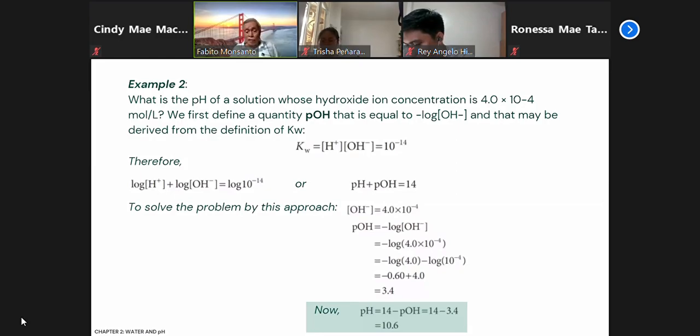Because you will really need this when you go into your clinical, especially when your patient is acidotic or alkalotic, and you have to compute for the solution that you are going to give to your patient through the veins. Okay? All right.